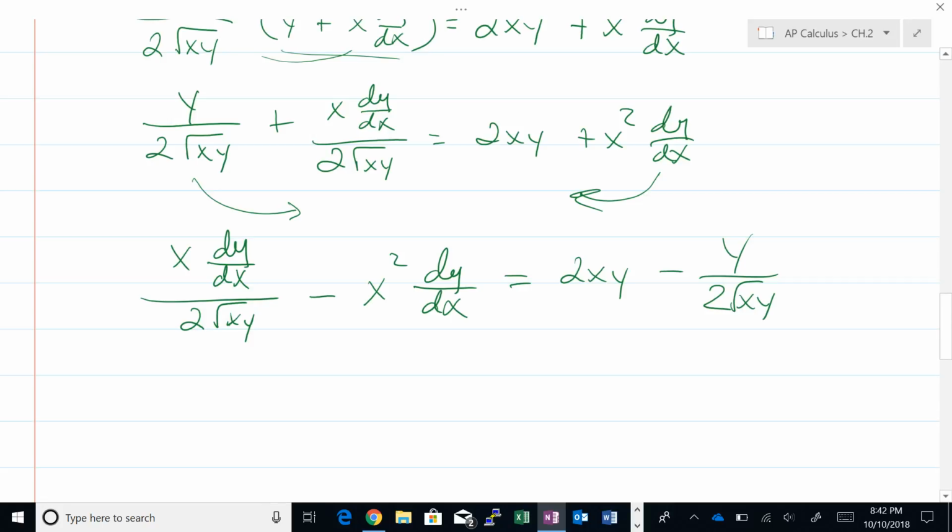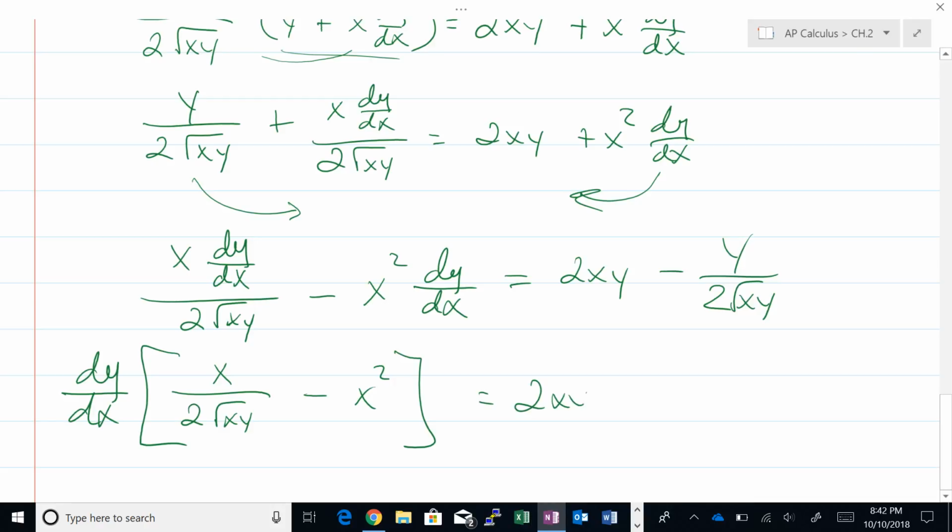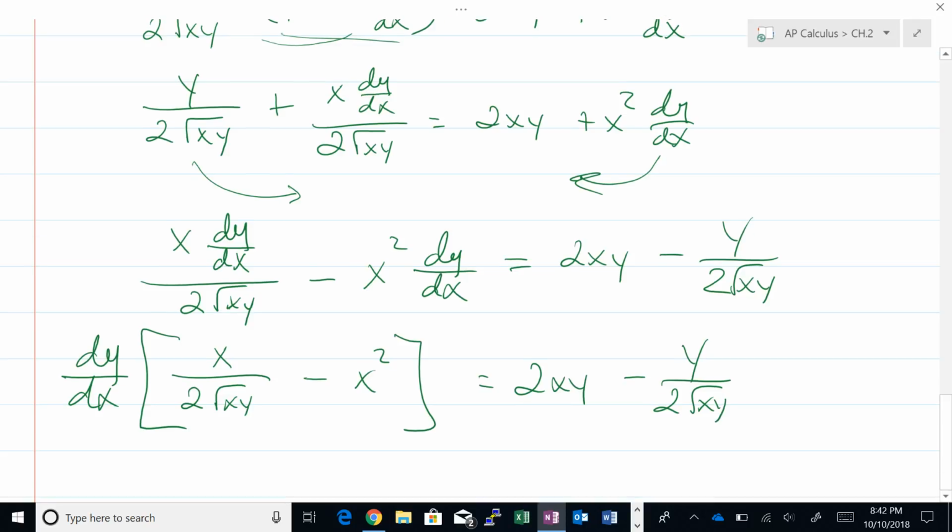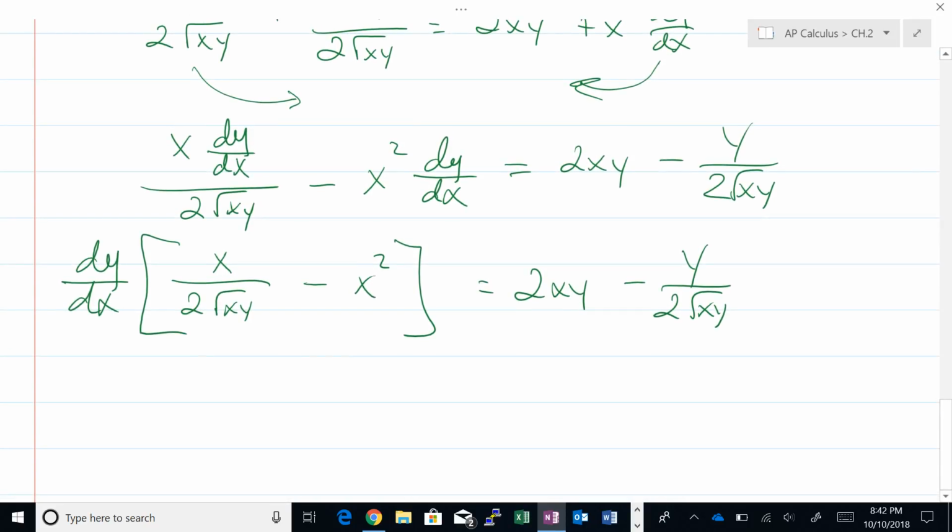All right. Pull out a dy/dx. So I've got dy/dx, and I'm left with x over 2 times the square root of xy minus x squared. Now I just divide everything by this mess.